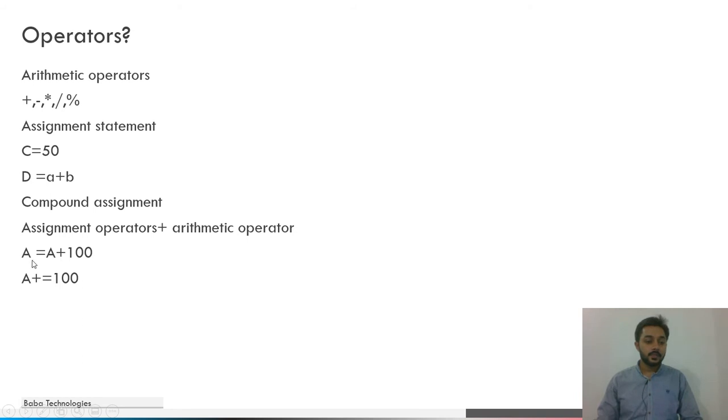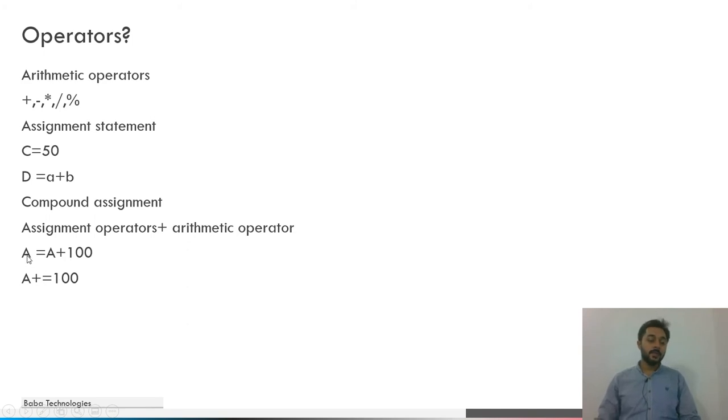So if we want to add 100 to a, we write a is equal to a plus 100. Equal to is the assignment operator, and plus is the arithmetic operator. It is the same in the case of multiplication, division, and subtraction. The output of both these statements is the same, because both add 100 to the value of a.